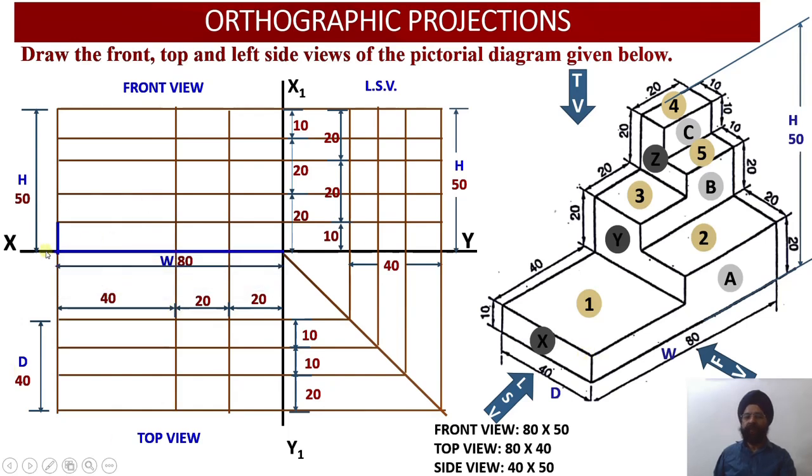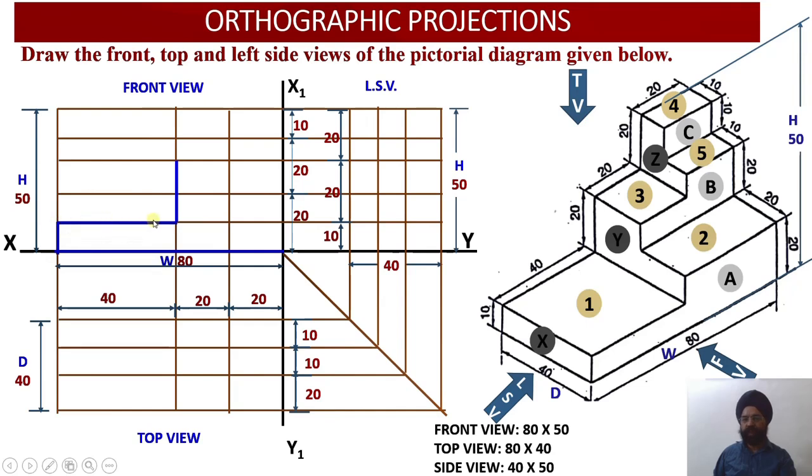Now we can join the different segments of this particular solid in the front view. Please check, from the base we have the horizontal line, then corresponding to surface A, the left portion of surface A is going to have a height equal to 10 millimeter, and this width will be 40 millimeter.